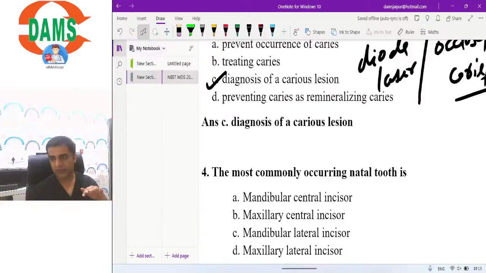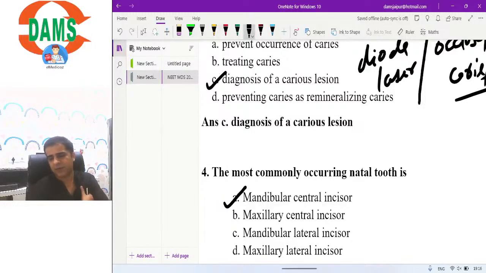Tell me which is the most commonly occurring natal tooth. Mandibular central incisor, right?